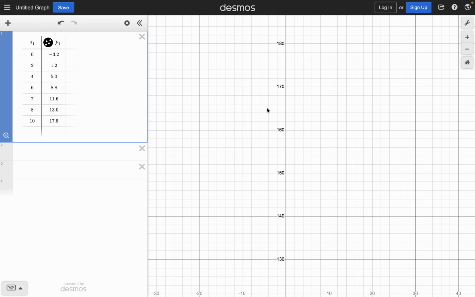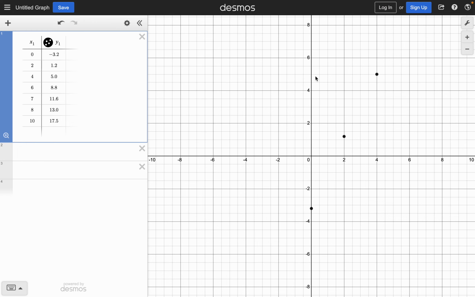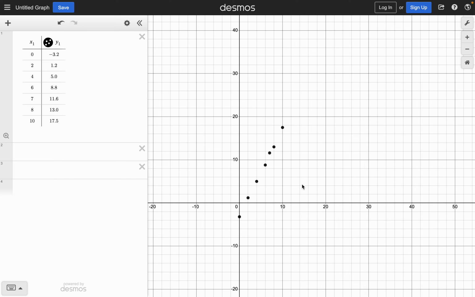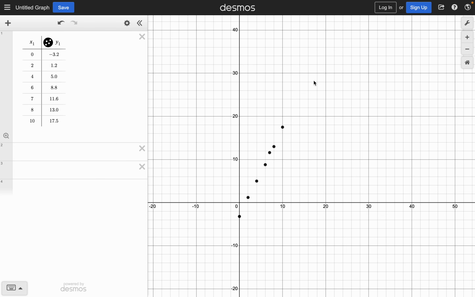Those are our points right there. And if we zoom out a little bit, that is the scatter plot we're dealing with.